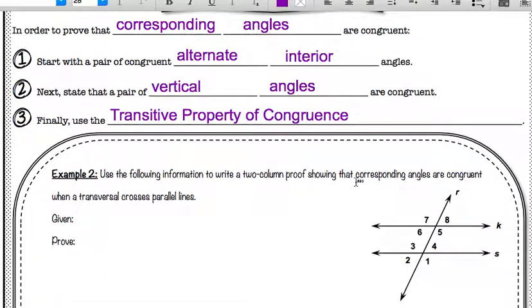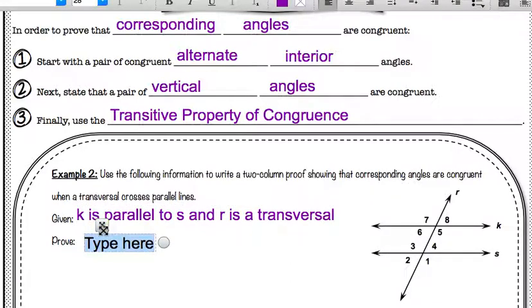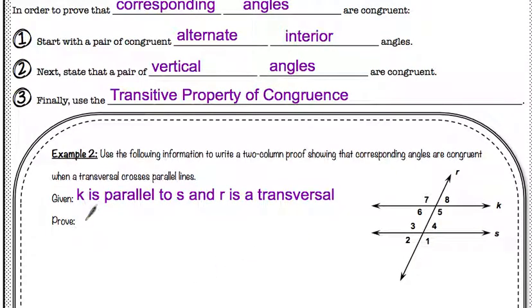If I want to prove that corresponding angles are congruent, I cannot use corresponding angles are congruent as a reason in my proof. So I'm going to start with saying that K is parallel to S and that R is a transversal. And then I'm going to prove that angle 6 is congruent to angle 2.